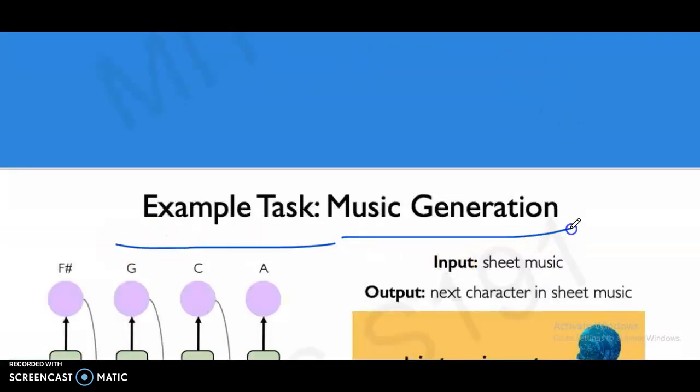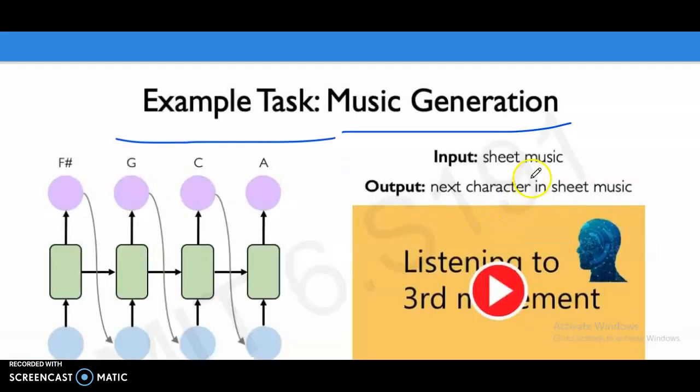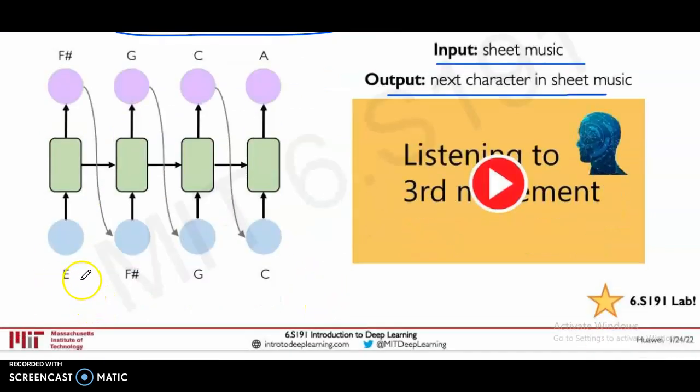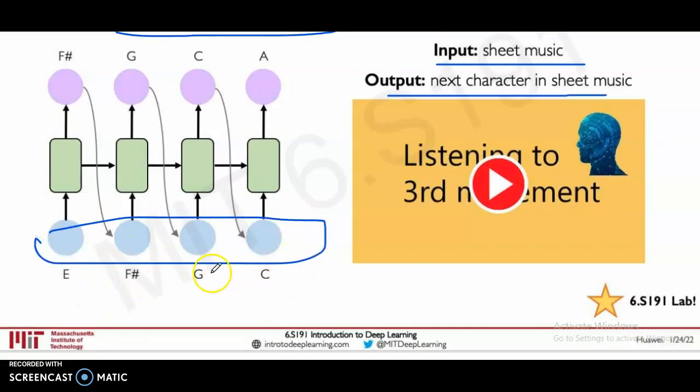RNN applications and limitations. Example task: music generation. Input is sheet music. Output is the next character in the sheet music. Here, this is the input: E, F, G, C. First E goes in, then F, and the output comes out like this.